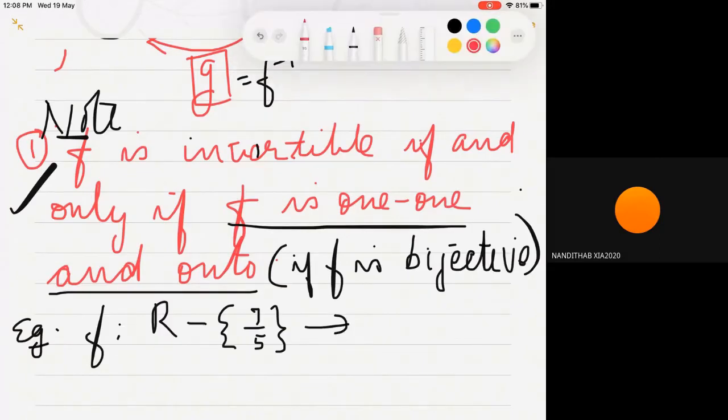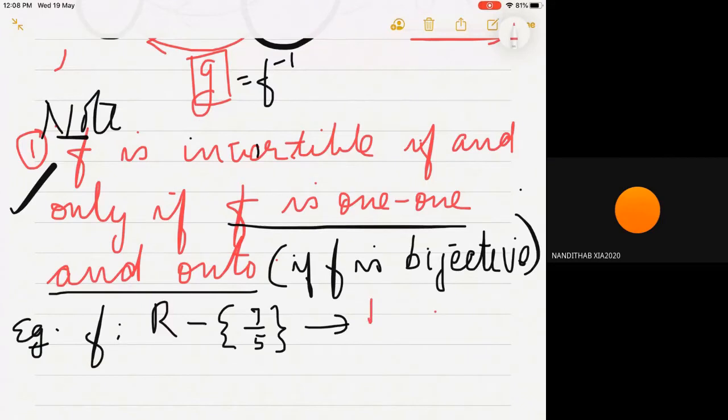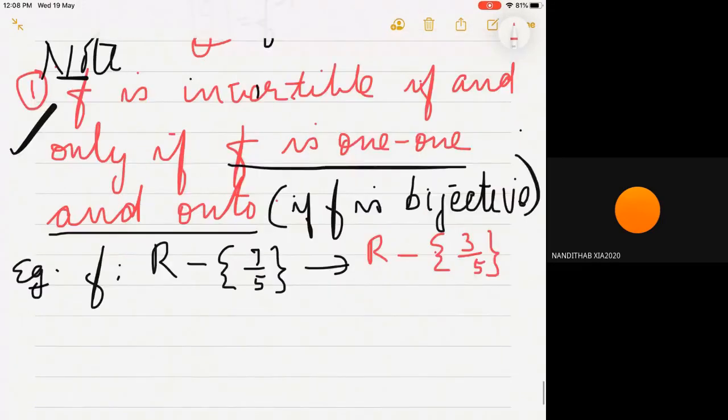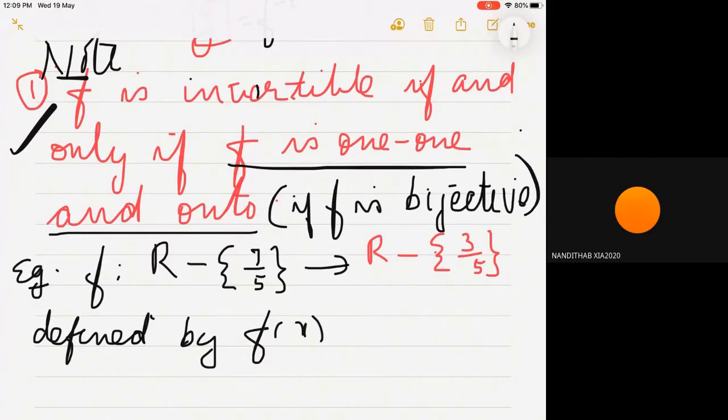Let f be a function from R minus {7/5} to R minus {3/5}, defined by f of x equal to (3x plus 4) by (5x minus 7).